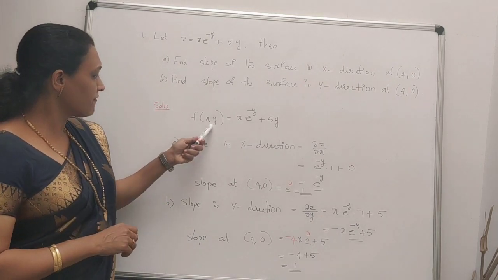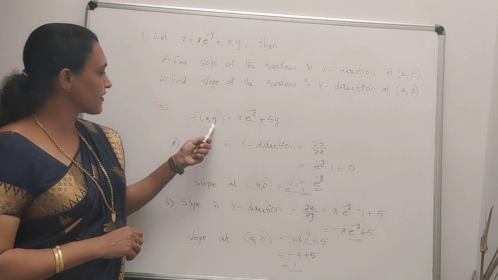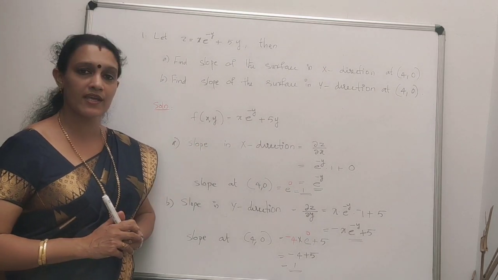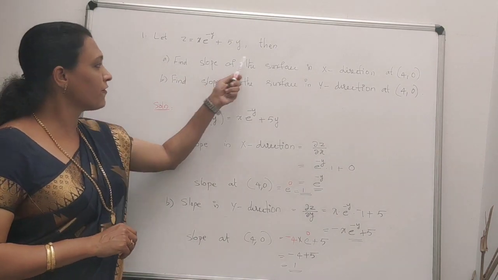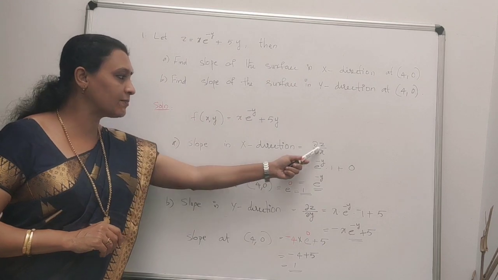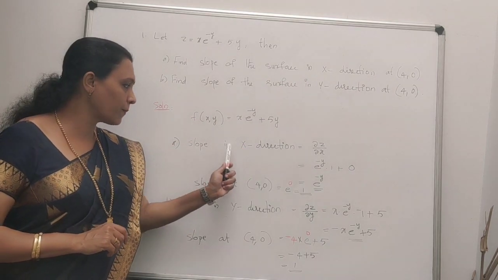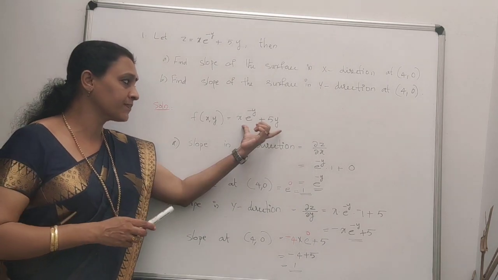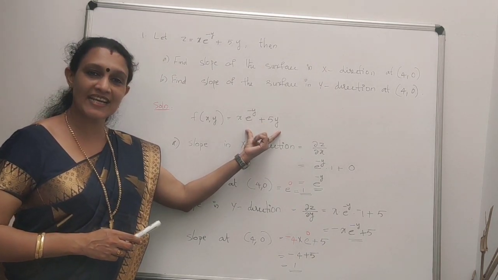See, the given function is f(x, y) = x e^(-y) + 5y. And we know the slope of the surface in the x direction is nothing but ∂z/∂x. For this function, now we should find ∂z/∂x.